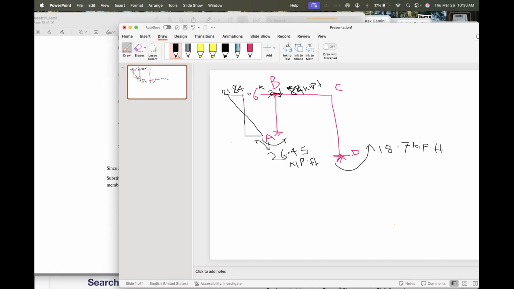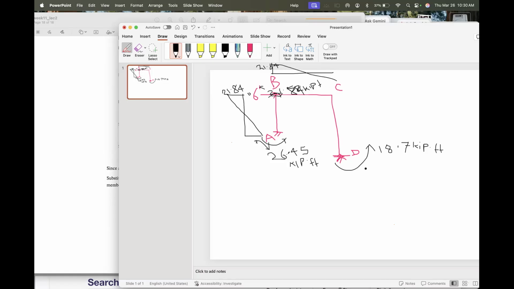Now, if we have negative 21 for this one, so for the BC part, what will happen? 21.84 kip-ft will be positive, upward. So it will be like this, 21 up, 8, 4. Oh my God. I just 21.84 kip-ft upward and then go down.